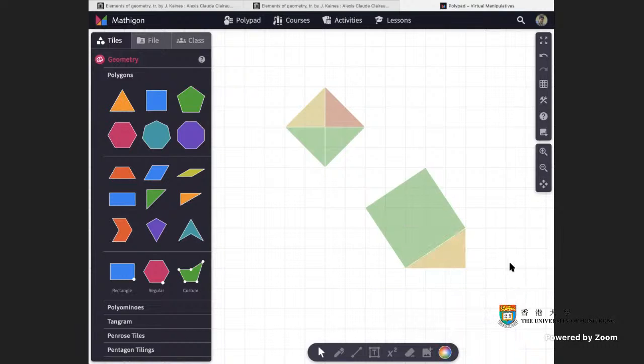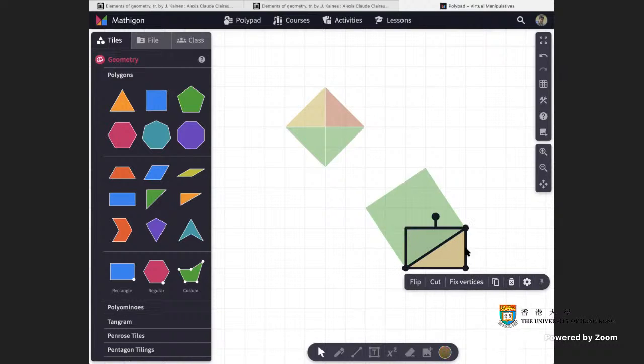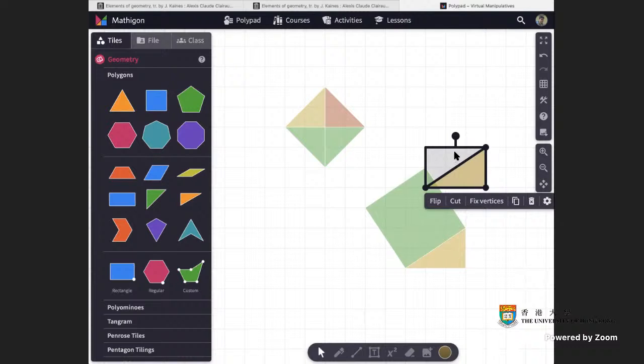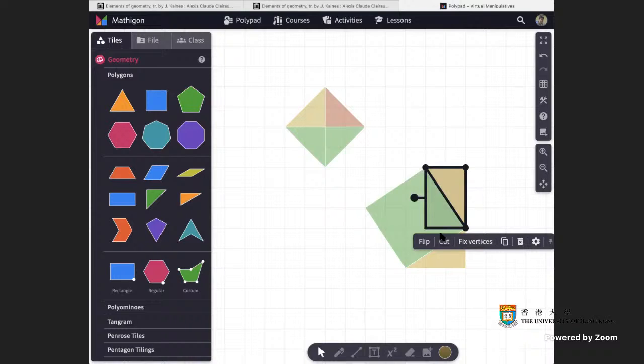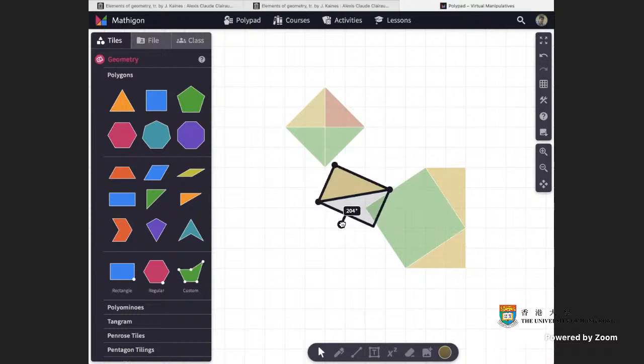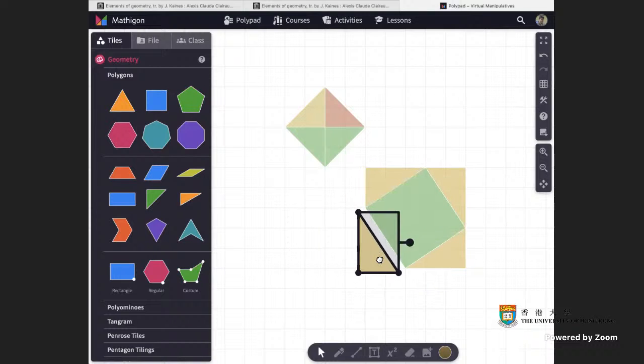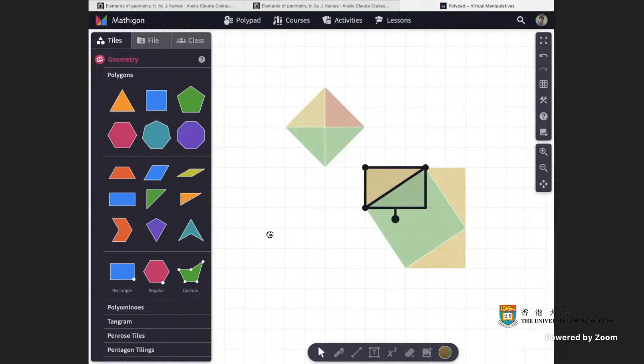In this way, you can discuss with the students how you can fit 4 copies of this right-angled triangle around the middle green shape. This may also help the students confirm that the green one is a square, even though we call it a tilted square, not in the common or very typical orientation. So we can put this one aside.